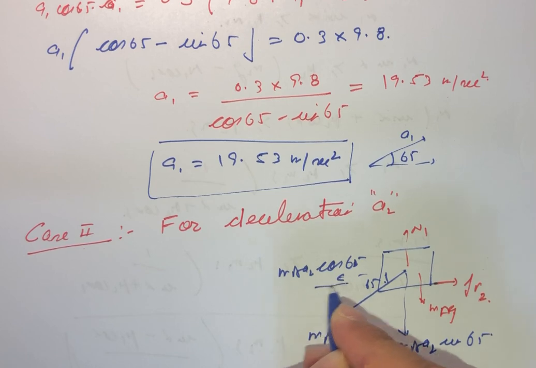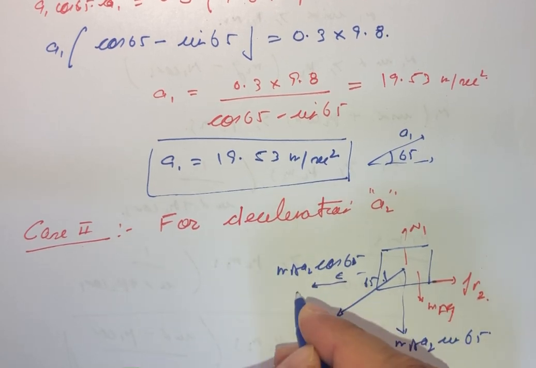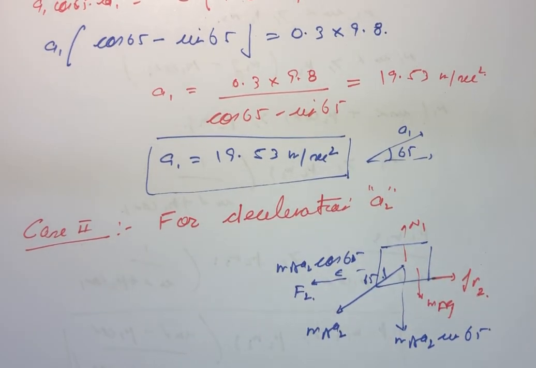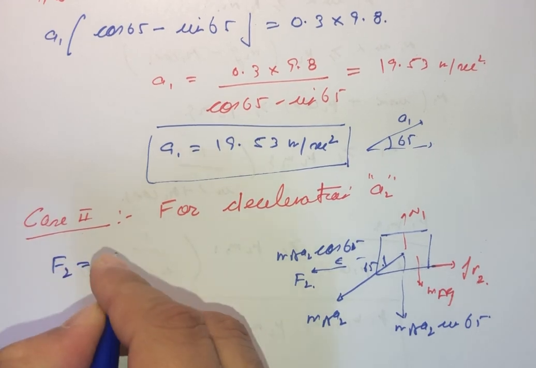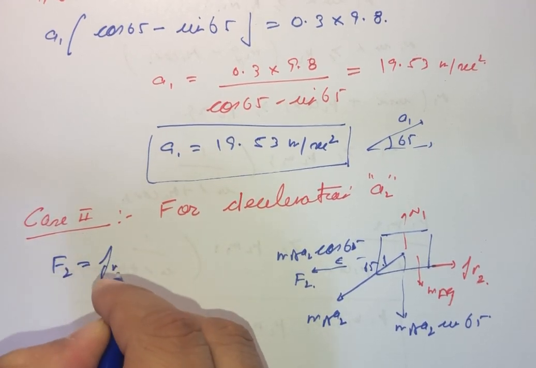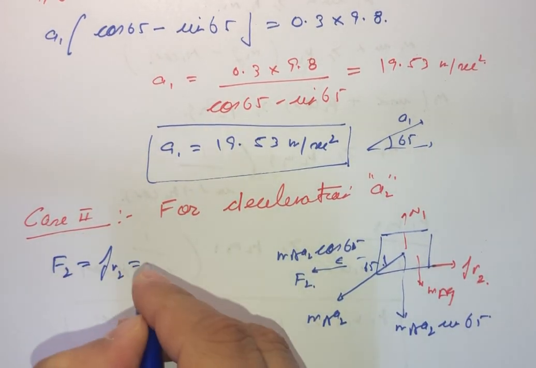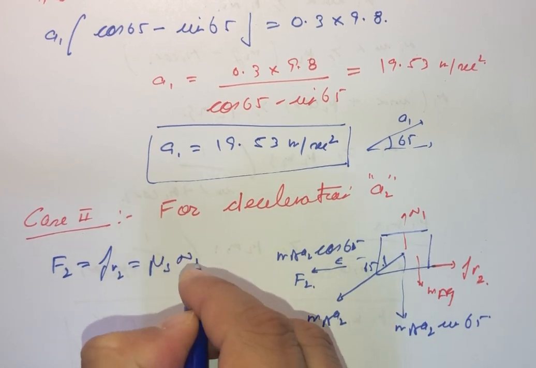And there will be a force, let us suppose F2. So from the figure we can see that our F2 is equal to FR2, which is equal to mu s times N1.